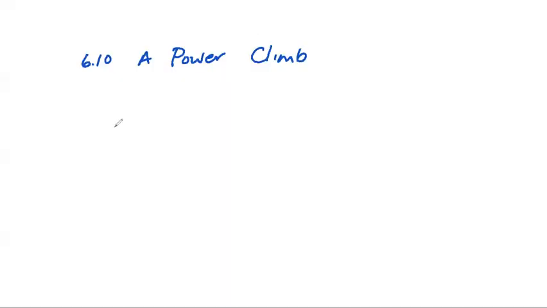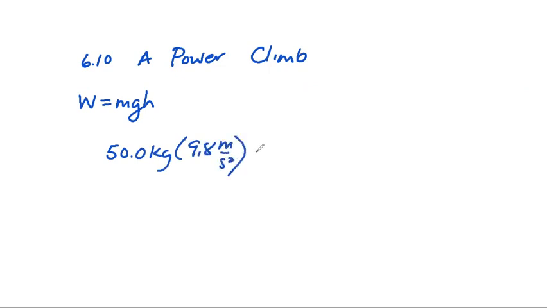All right, her work is going to be equal to the change in potential energy. So work equals mgh. M is going to be 50.0 kg. G, of course, is 9.8 meters per second squared. And H was 443 meters.